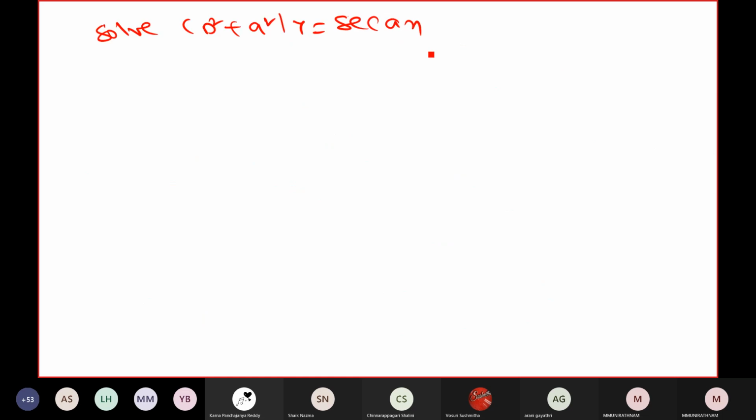Any doubts, you can ask. Did you write it? So step 1: it is already in the form where the coefficient of D square is 1, so it is in our form.